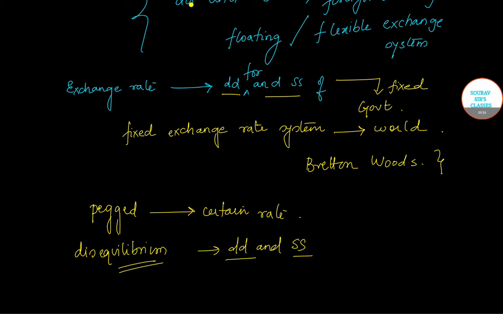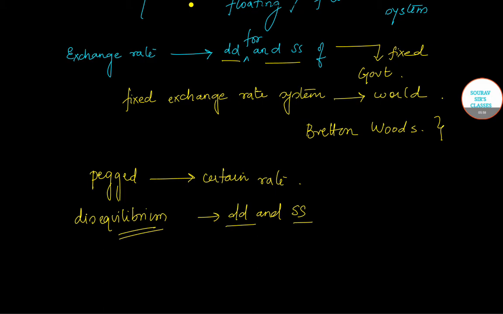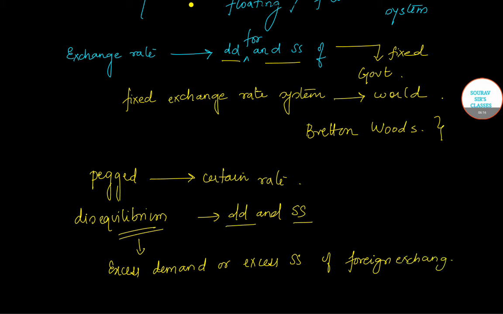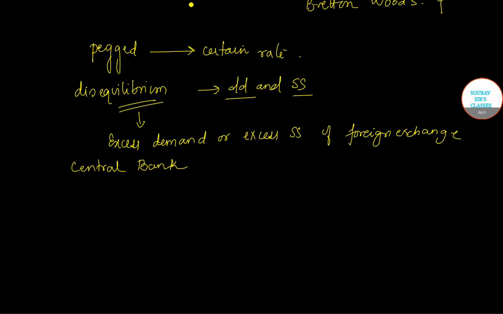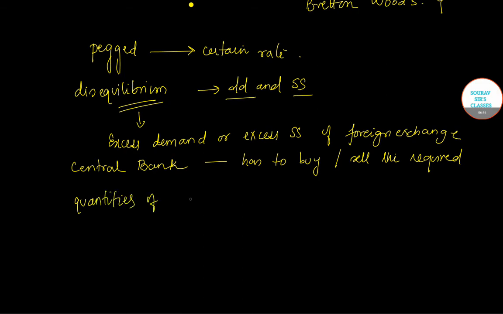However, in this case, if there is disequilibrium in balance of payment, which gives rise to either excess demand or excess supply of foreign exchange, then the central bank, if you consider the case of India, it will be the Reserve Bank of India, the central bank of the country concerned has to buy or sell the required quantities of foreign exchange.